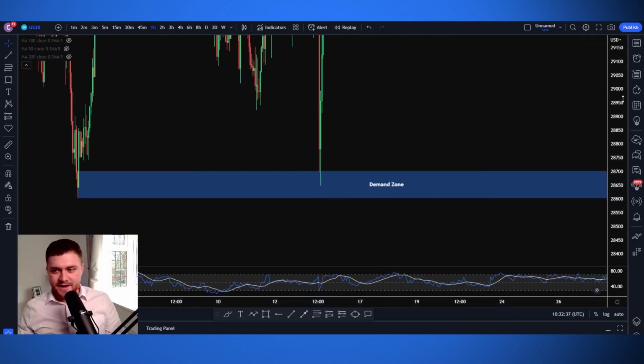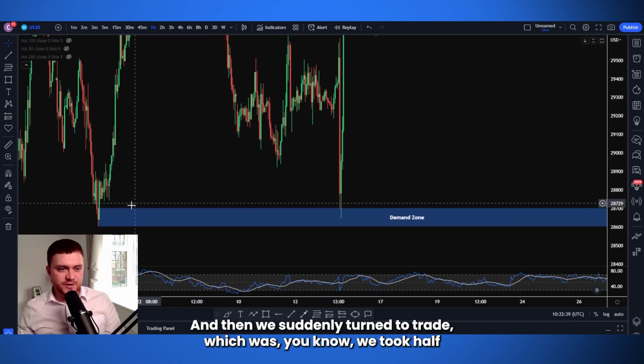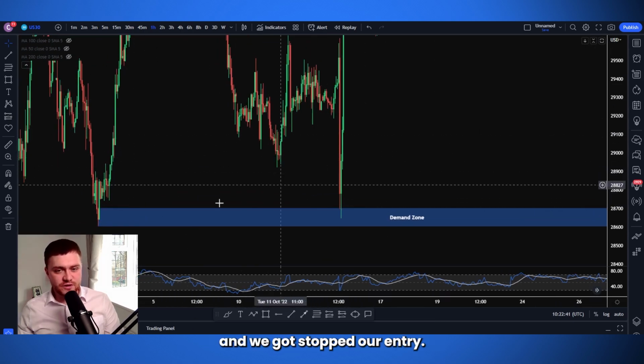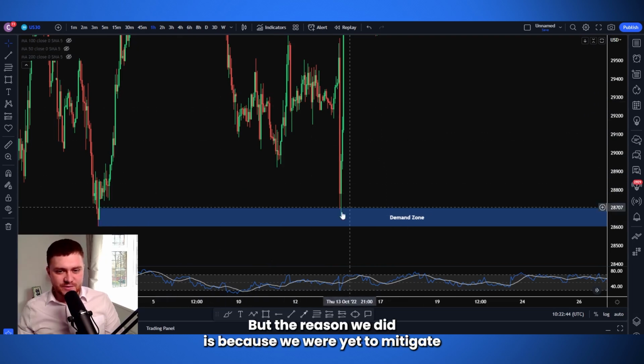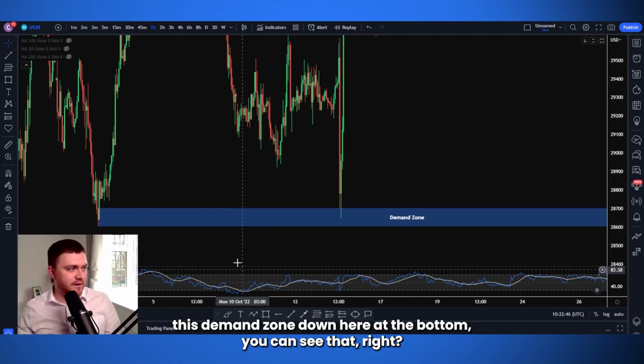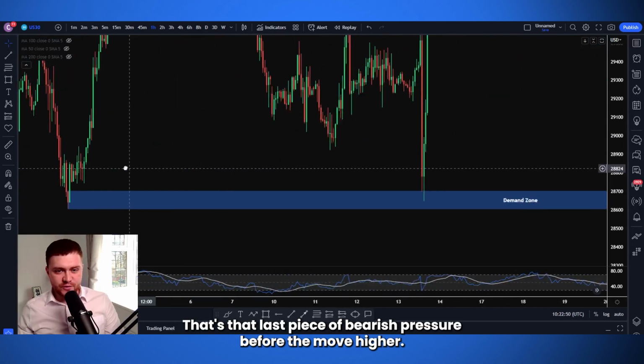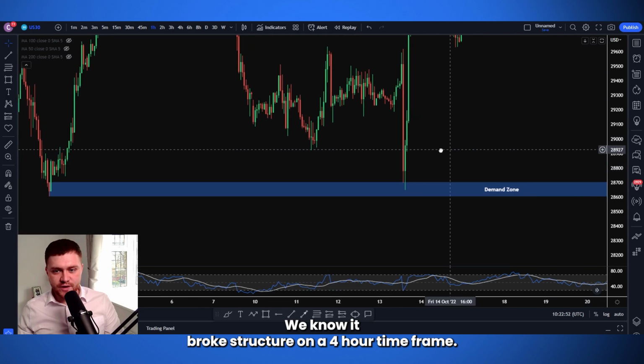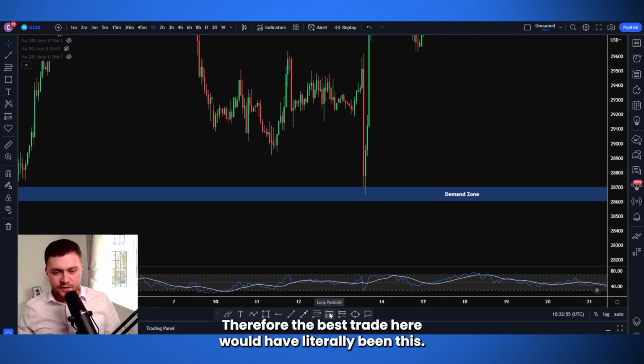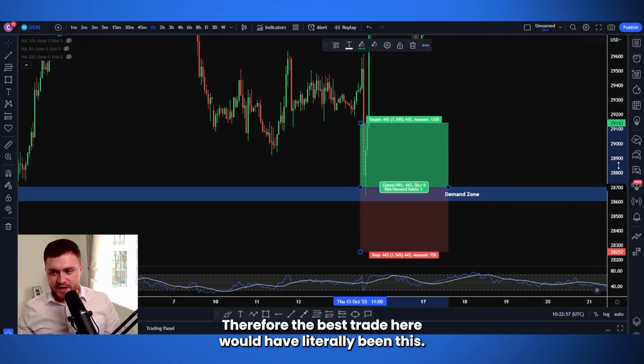Look at that. And then we've suddenly turned a trade which was, you know, we took half and we got stopped at entry. But the reason we did is because we were yet to mitigate this demand zone down here at the bottom. You can see that, right? That's that last piece of bearish pressure before the move higher. We know it broke structure on a 4 hour time frame. Therefore, the best trade here would have literally been this.